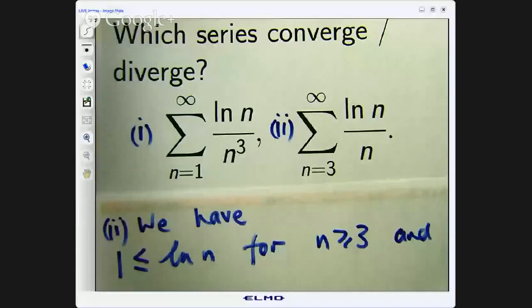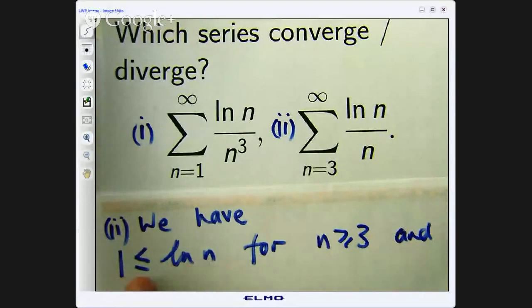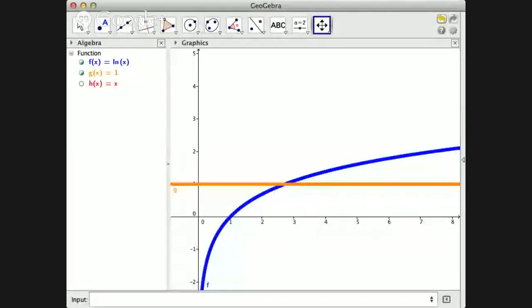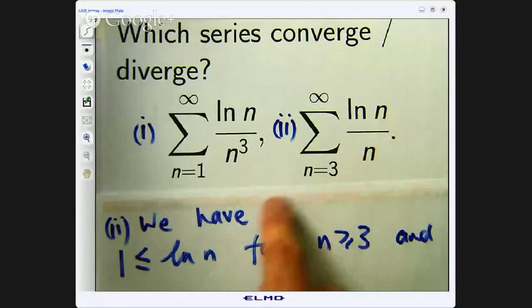Okay, so we've got this inequality here where 1 is less than or equal to the logarithm of n. Again, that's from the GeoGebra picture that I just showed you before. Now, how do I get from here to here?